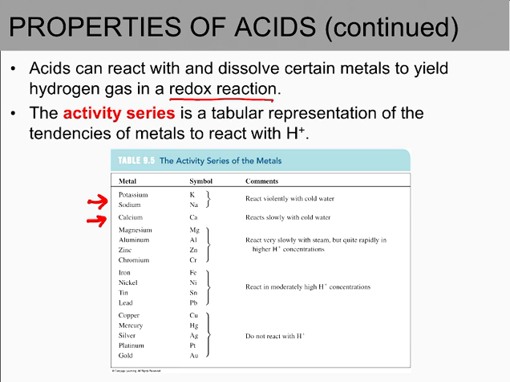And then copper, mercury, silver, platinum, and gold are all really resistant to corrosion from acids. However, there are some acids that can dissolve those metals, but sometimes you have to mix 2 acids together in order to achieve that result. Okay, so just keep in mind that not all metals react equally. Some metals react really well with acids, some don't react very well with acids, and then some just don't react at all with acids.